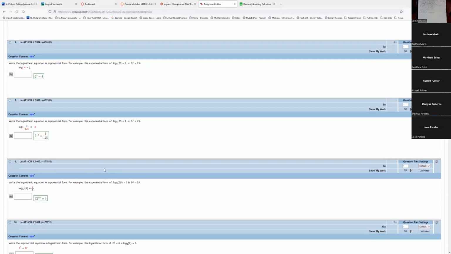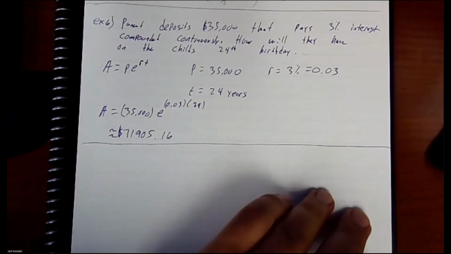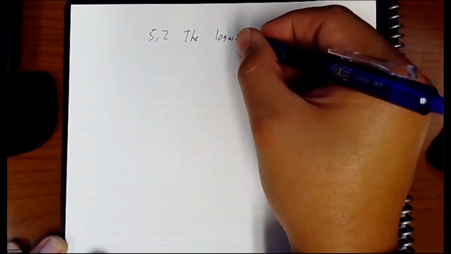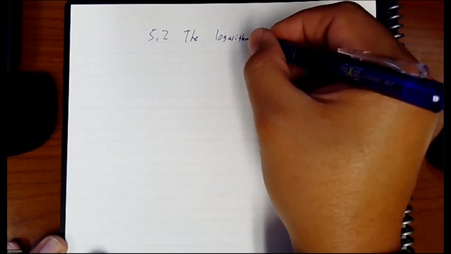Anyway. So let's do 7. First, I need to give you some notes. Logarithmic function.